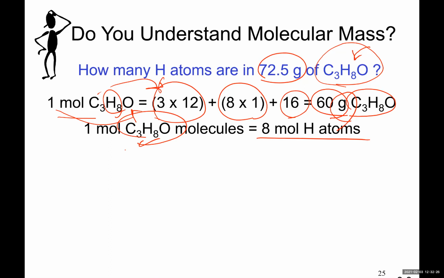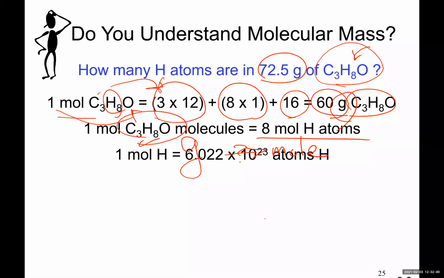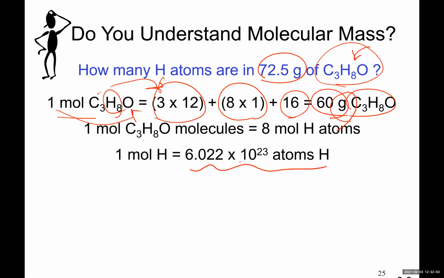So the problem is simplified as how to go from grams to moles, and you know this already. You need a conversion factor, which is using molar mass. How do you do that? Let's see. Can I say 1 mole of hydrogen is this many atoms?